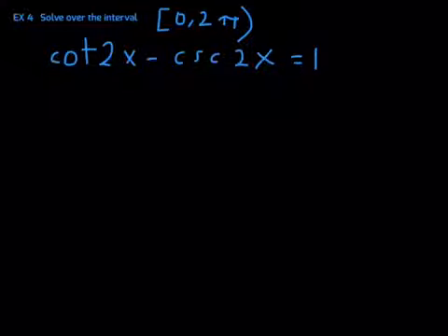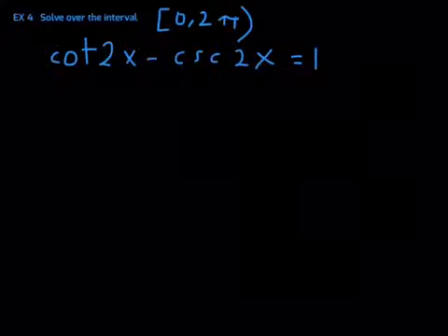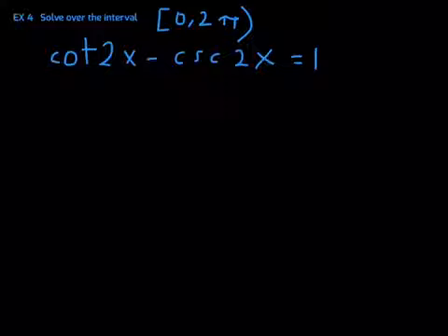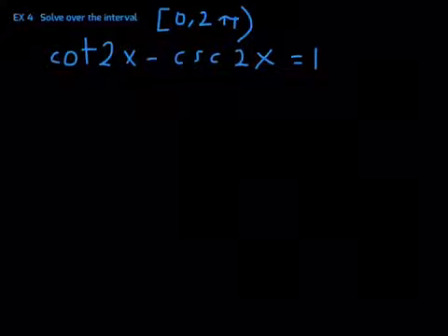Now, my initial thought, guys, is that there's an identity that puts cotangent squared and cosecant squared in a relationship. So my first idea is to square this thing so that I can use that identity to my advantage here.